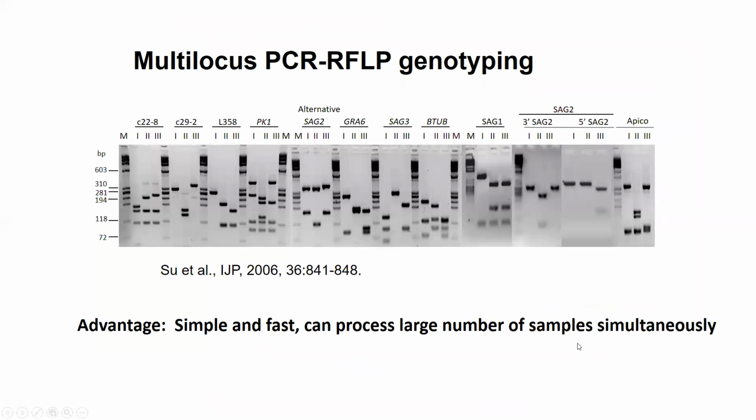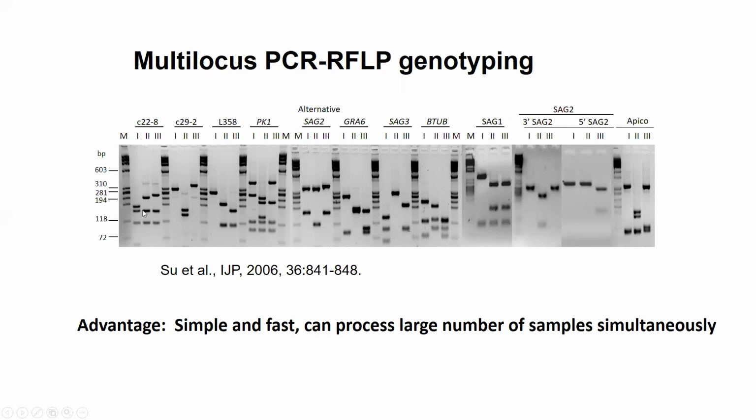So here is a quick example to show the multilocus PCR-RFLP genotyping. Here there's a collection of 10 markers, and sometimes we say 11 because for SAG2 we have 2 fragments, an alternative SAG2 and another SAG2. If you count them separately, then we have 11 loci in this panel. And you will see there are 3 different samples, 1, 2, 3, and the PCR products being digested now generate different banding patterns, and then you can tell the differences.